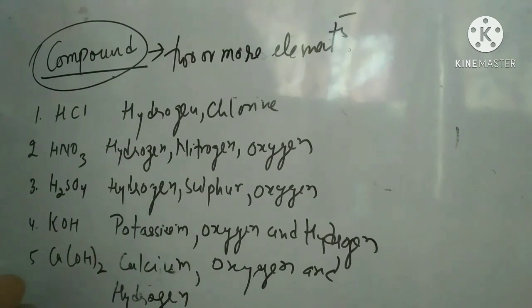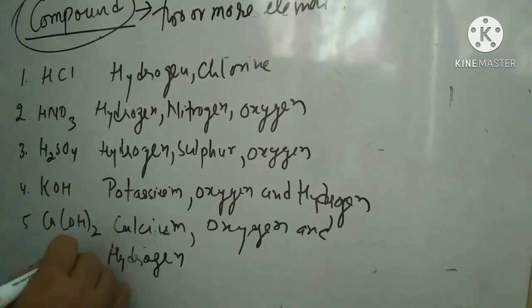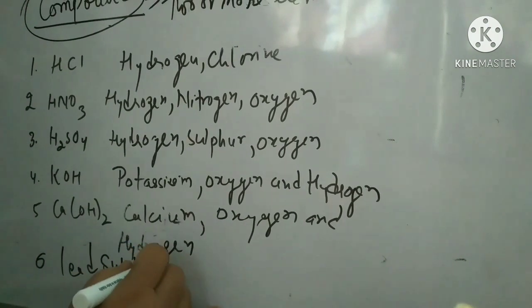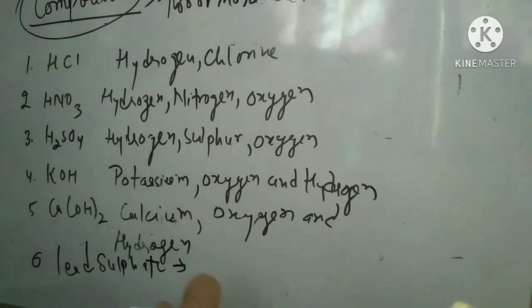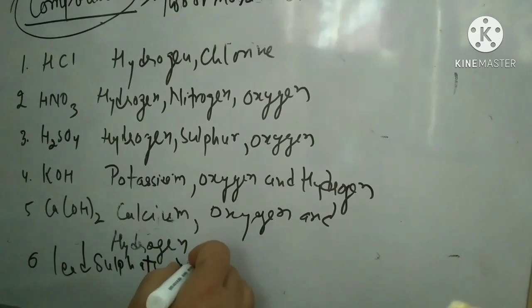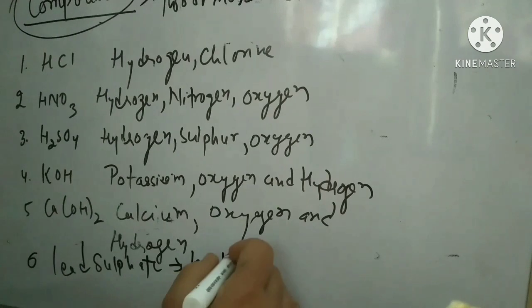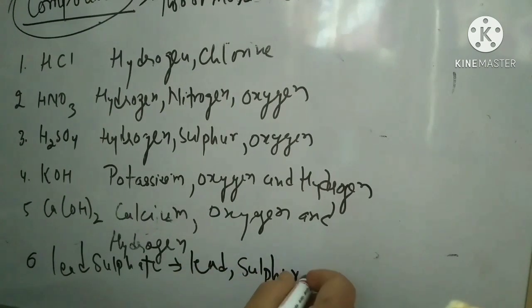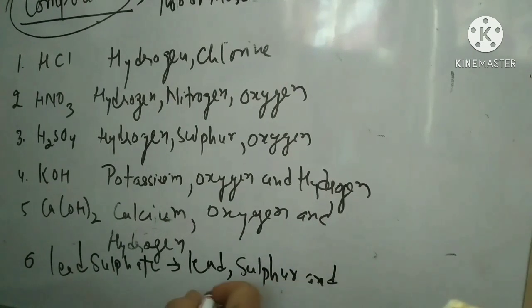Now taking an example of a salt, that is lead sulfate, having elements lead, sulfur, and oxygen.